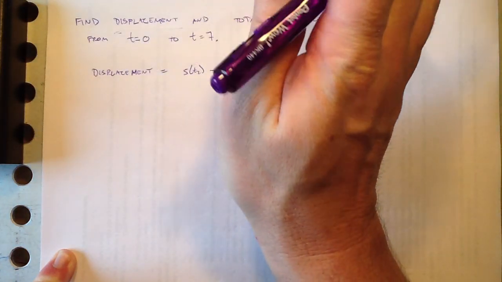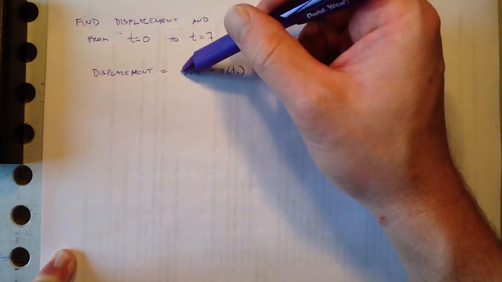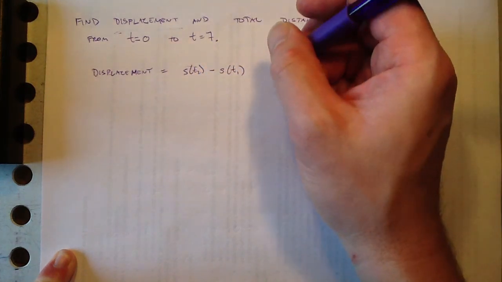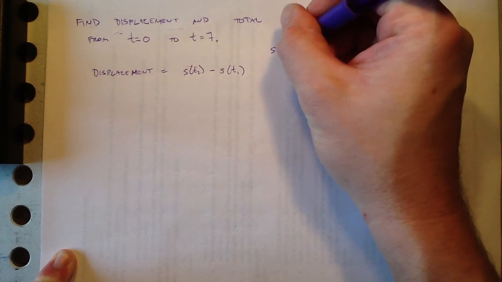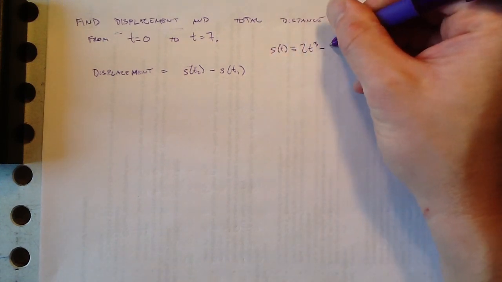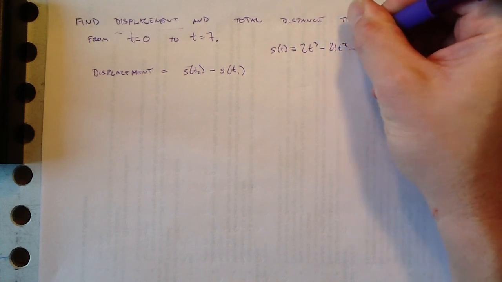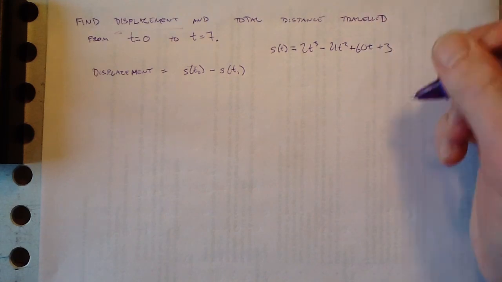Displacement is literally, if you ignore everything that happened in between, how far away was the starting point from the end point. So in this case, my position function, I'll just rewrite it here real quickly, was 2t cubed minus 21t squared plus 60t plus 3.